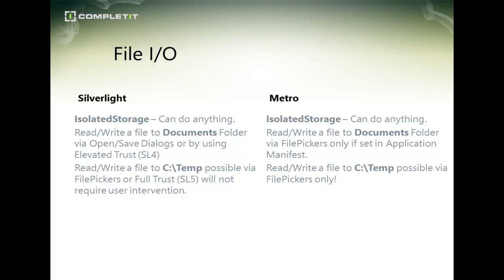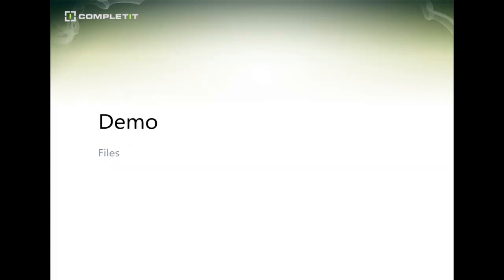So one thing that maybe I didn't clarify here is that reading and writing a file to the Documents folder, you can do that without user intervention, but as far as reading and writing a file to, say, maybe the temp directory, that would only be possible via file pickers only. So let's go ahead and take a look at that right now with a demo.